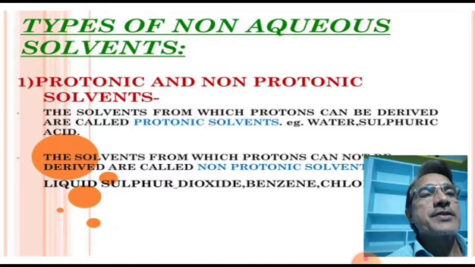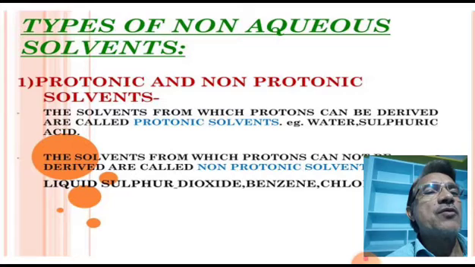In other words, the solvents which can generate protons, which can produce protons, are also called protonic solvents. We also call them protogenic solvents.